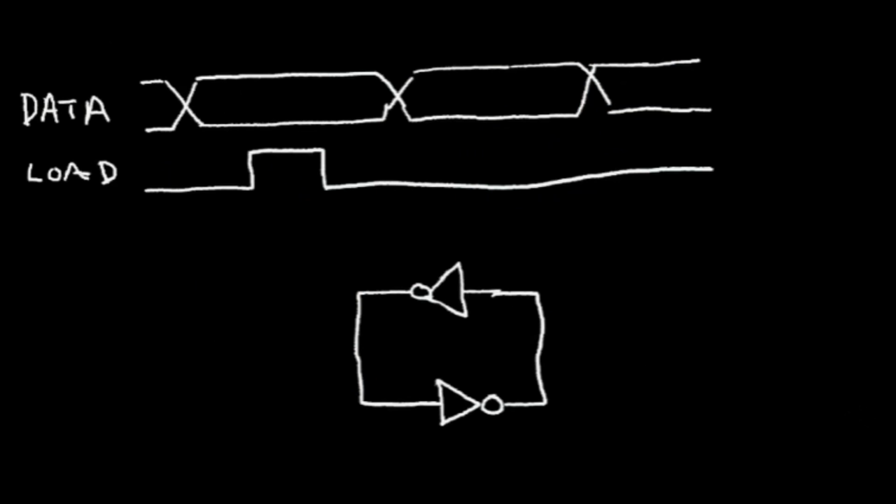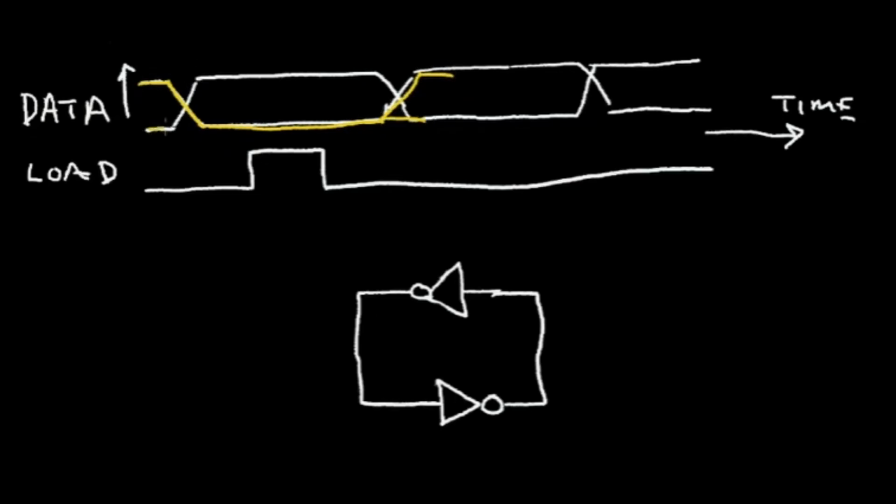At the top I've shown a data signal, and I've plotted voltage in this axis versus time. And here my data is a 1, and at this time it can change or it may not change to a 0. Then at a later time it can change back to a 1, or it can stay at a 0.